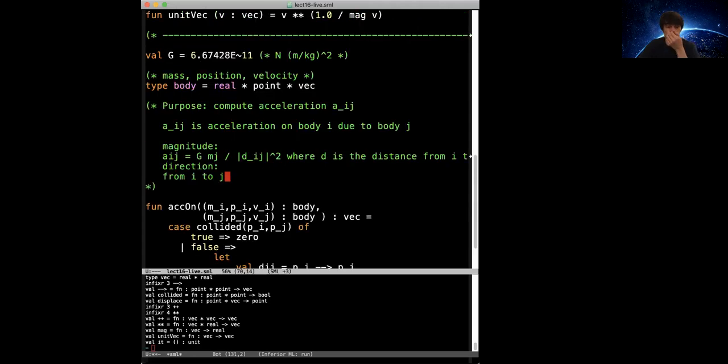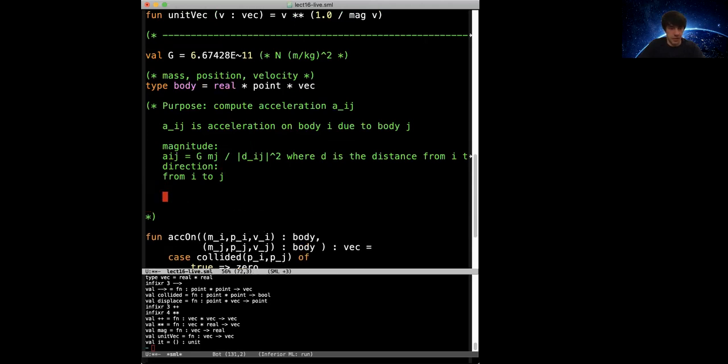And so then overall, remember the overall formula was the unit vector from i to j scaled by aij's magnitude.